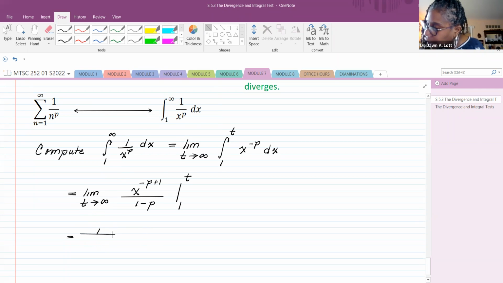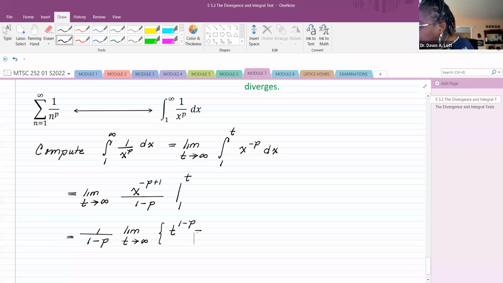Sometimes I think too fast, and when I do, I just have to backpedal. Okay, I need a limit first. There's so much in this one little problem. I've got limits and, okay. Now, when I put t in, I'm going to get t to the 1 minus p, and then when I put 1 in, I get minus 1.